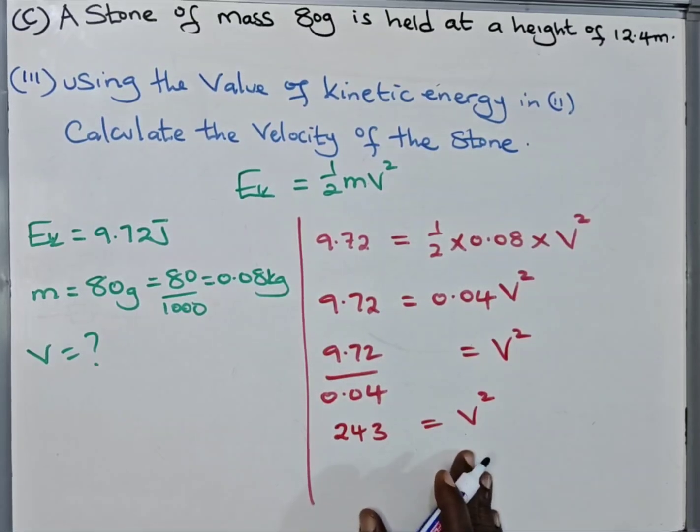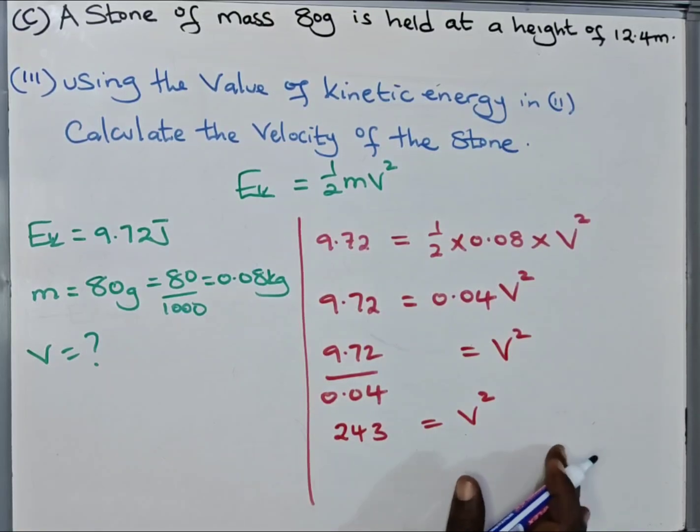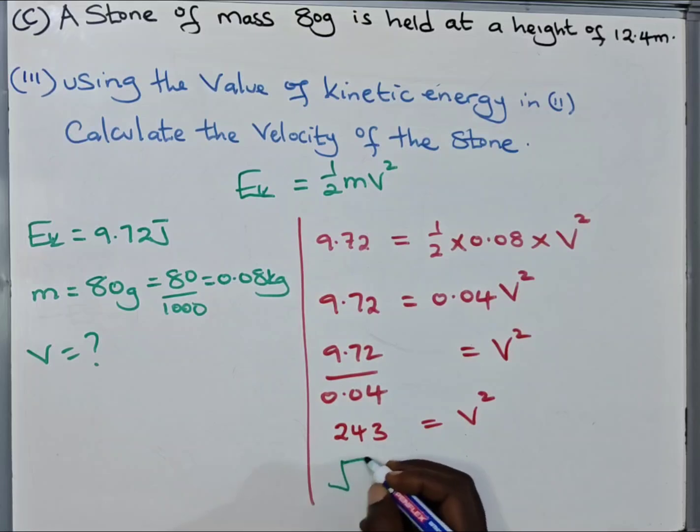We have 243 equal to v squared. But we are looking for v. What do we do? We find the square root of both sides.